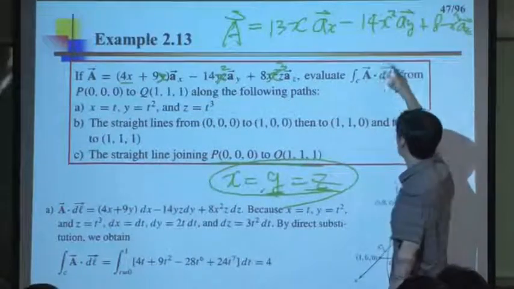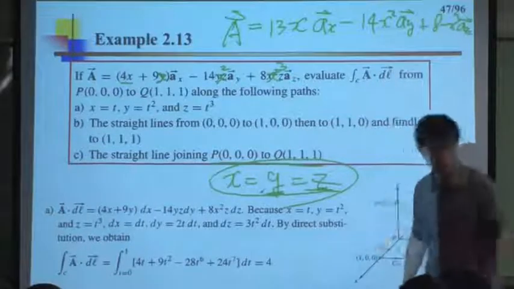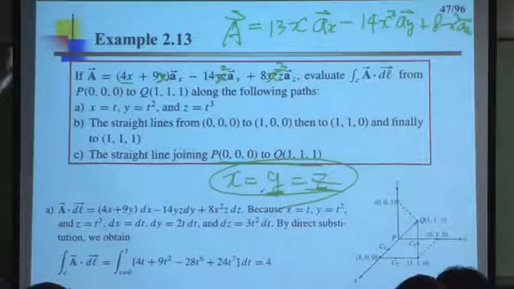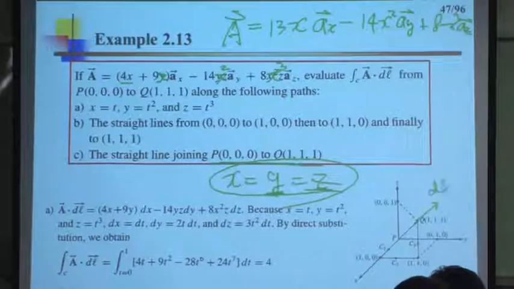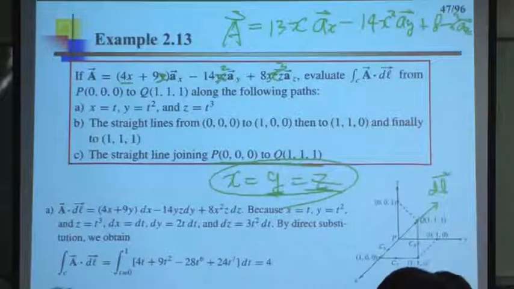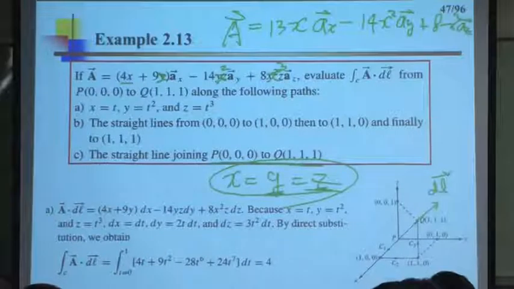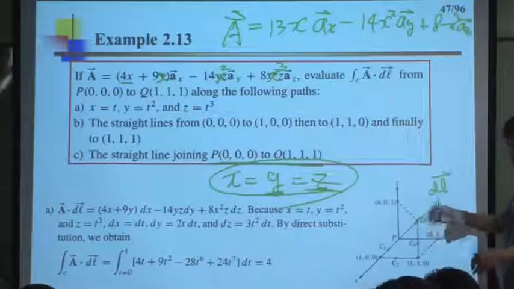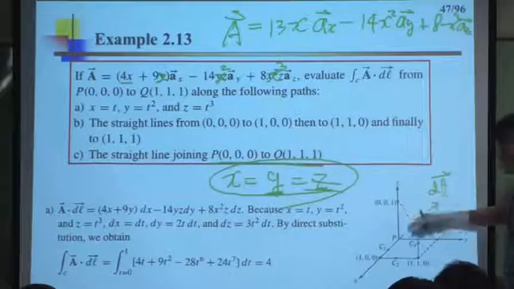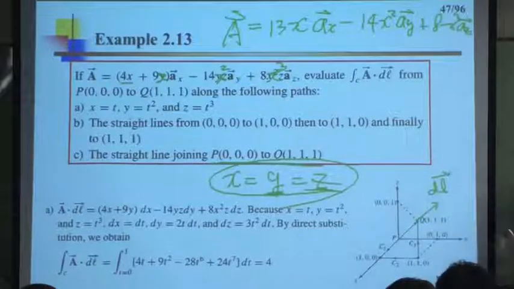Oh, you don't know what the dl vector is. The dl vector is the vector pointing in this direction. This direction is not the x direction, not the y direction, not the z direction. The x, y, z components are all equally combined.